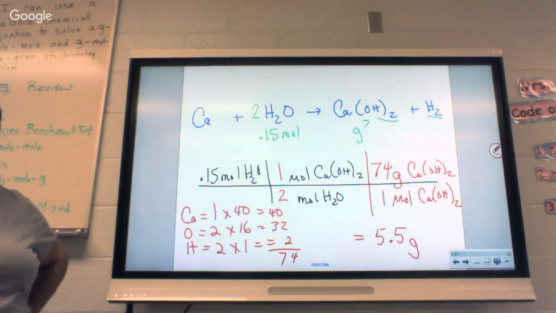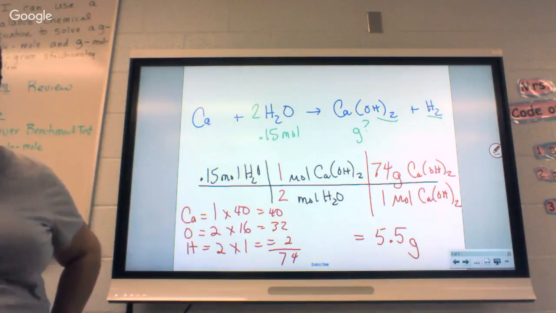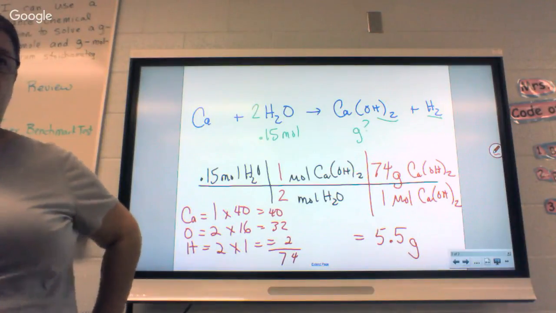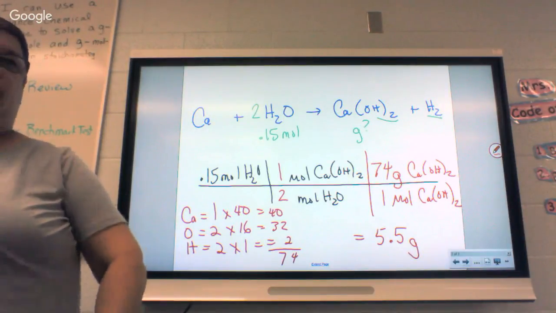Oh, I know what it is. I was originally multiplying the top of the slide by 174, so.